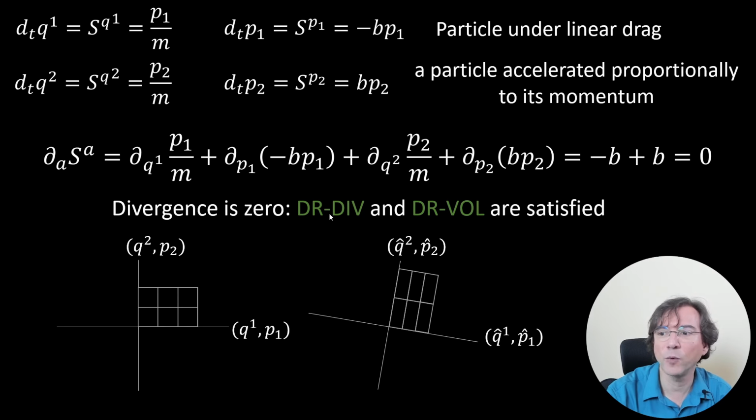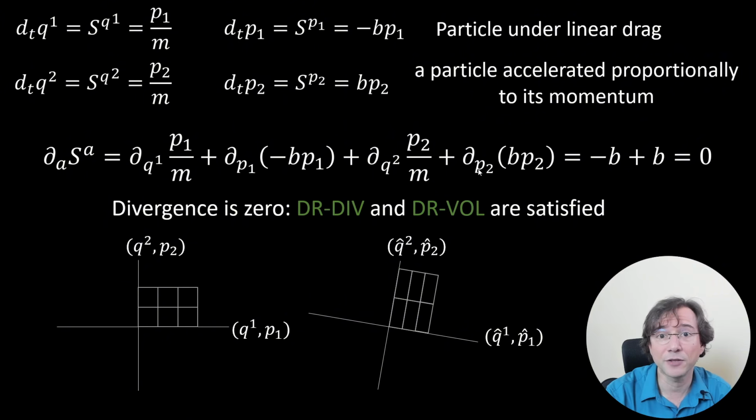So now we can check whether the volume is conserved, and to do that we can just calculate the divergence of the displacement field. And so the divergence of the displacement field is the derivative of SQ1 with respect to Q1, of SP1 with respect to P1, and so on. So SQ1 is P1 over M, and we put it here. SP1 is minus B P1, and so we put all the other SQ2 here and SP2 here.